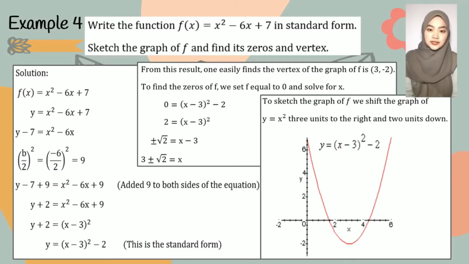So from the equation (x minus 3) squared minus 2, we get 3 plus or minus square root of 2. And for the graph y equals (x minus 3) squared minus 2, we shift the graph of y equals x squared 3 units to the right and 2 units down.